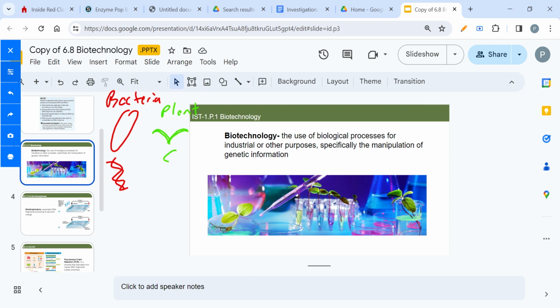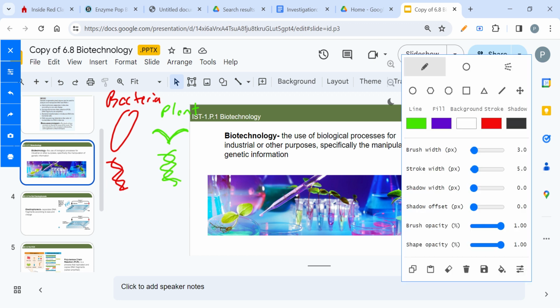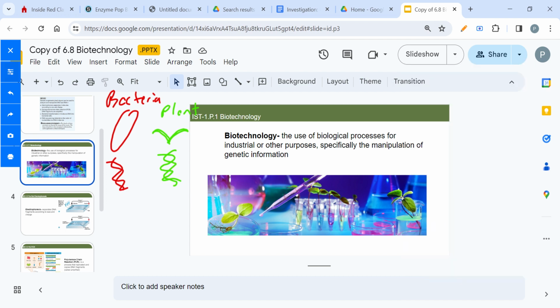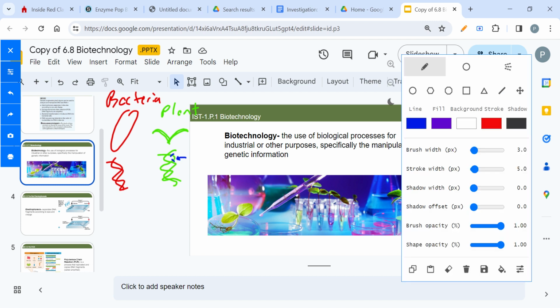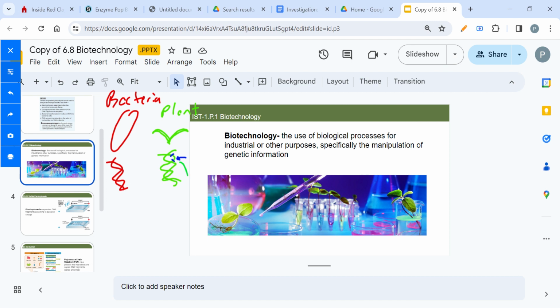What I'm trying to do is a process in which I isolate some section of the DNA, maybe this section. I'm going to isolate it, cut it, and eventually engineer it so that it's part of the bacterial genome.